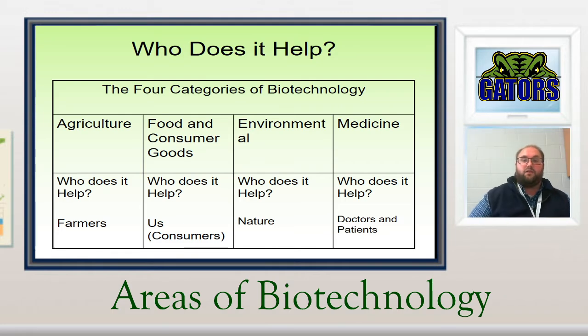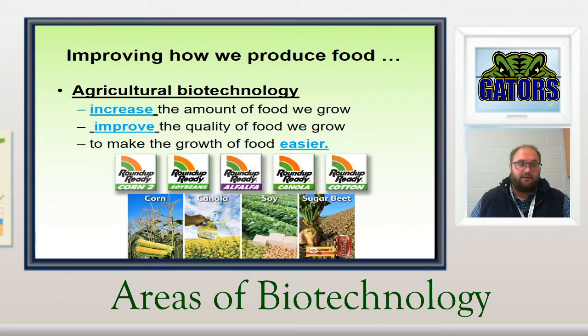And if the answer to who does it help is it helps doctors and their patients, then it's an example of medical biotechnology. So let's get into a little bit more detail. What are some of the things that you can look for when you're given examples of different types of biotech, and how can you kind of figure out what that biotechnology area is?